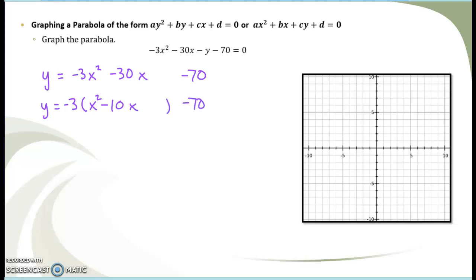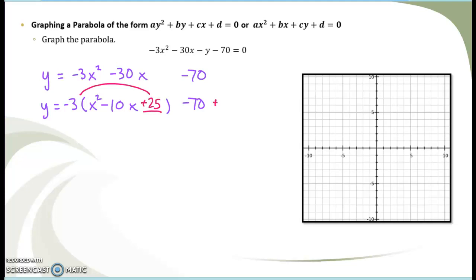Now what do I need to add here? Well, I need to add negative b over 2a and then square that, so I need to add 25. Which means to this right hand side of the equation, I didn't just add 25, I added 25 times negative 3, or I subtracted 25.